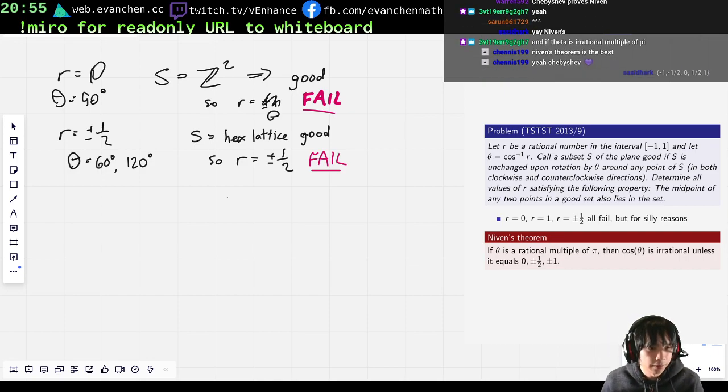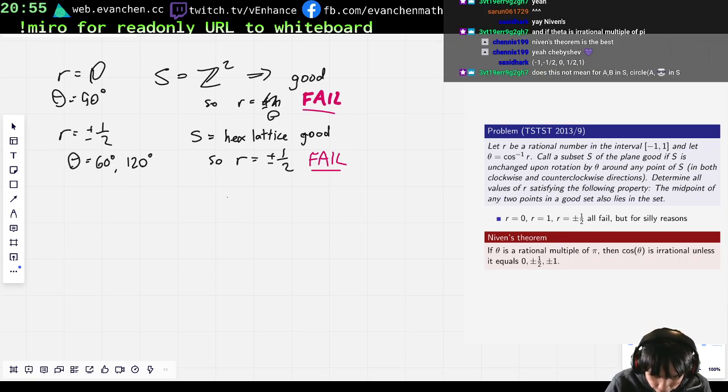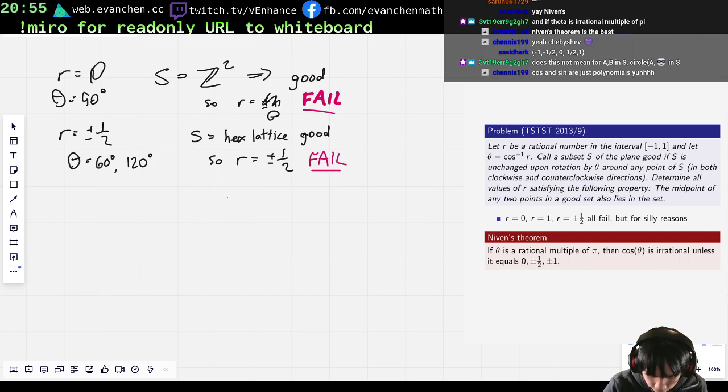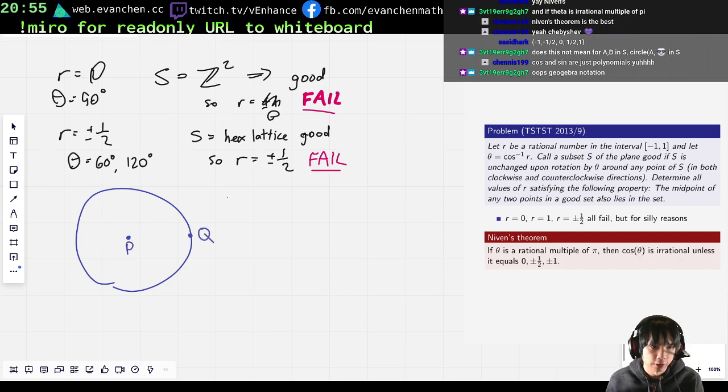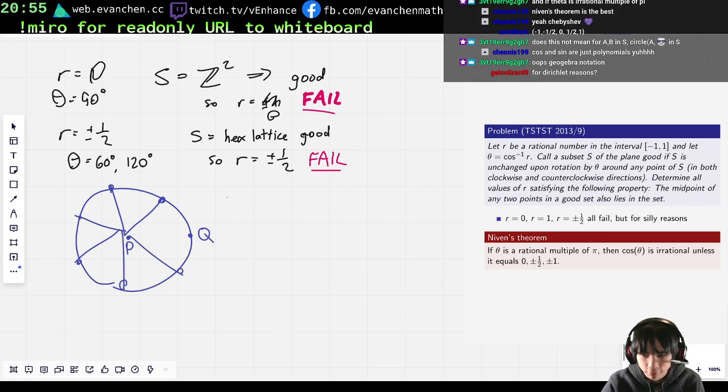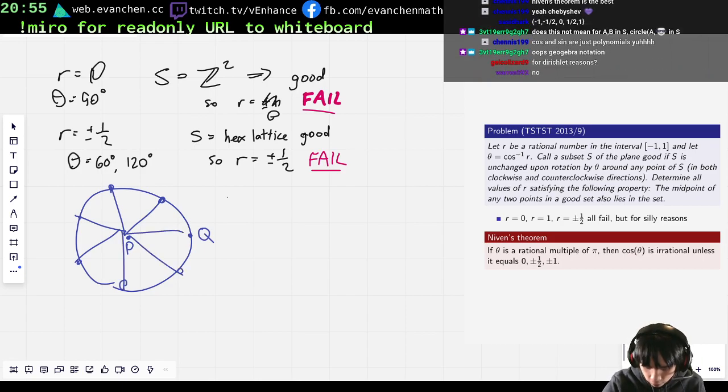So what that means is that if I have a set S with greater than 1 point, then for almost all cases there's automatically a bunch of points. So if I have 1 point and another point, except for these special cases of r I found, there will usually be something where the angle is irrational. And so you can get a dense subset of a circle automatically.